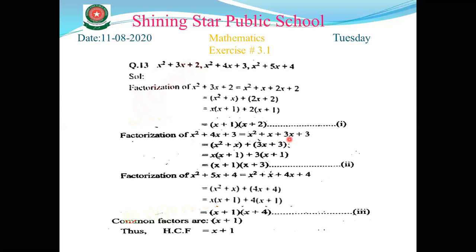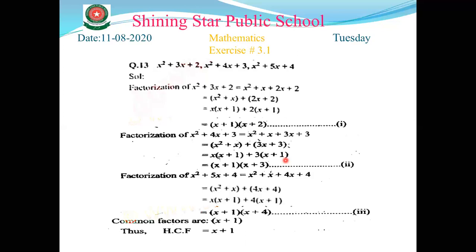Now, combine the first two terms and the last two terms. And when we combine the first two terms, we will get x multiply x plus 1. And here we will get 3 common from this term and x plus 1. Okay. Now, we will take the common x plus 1 because x plus 1 is common between these two terms.